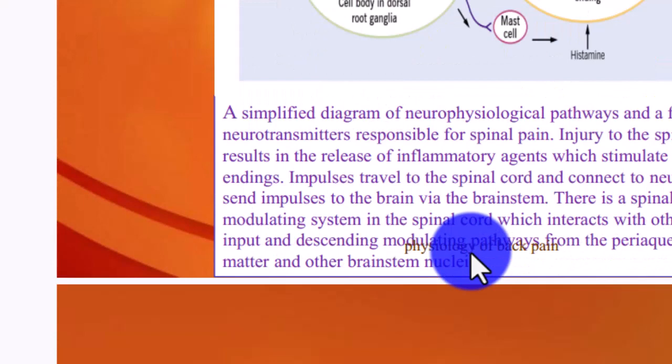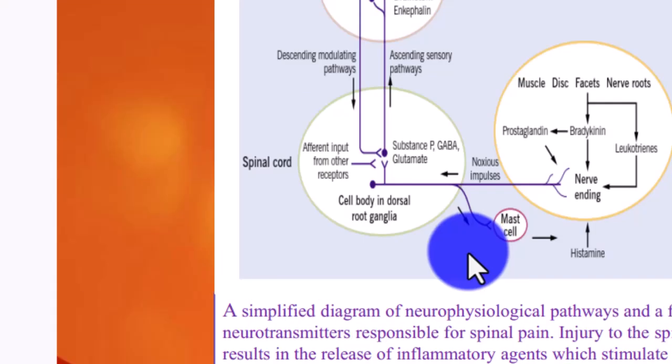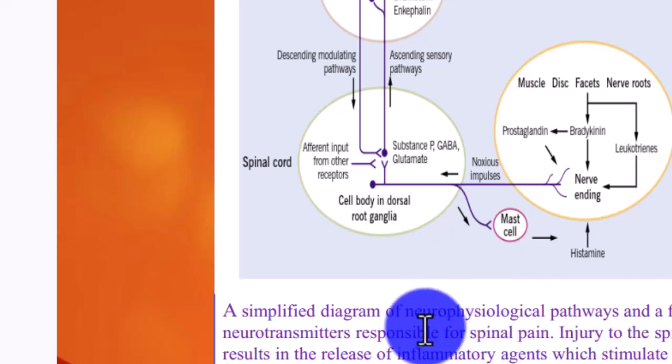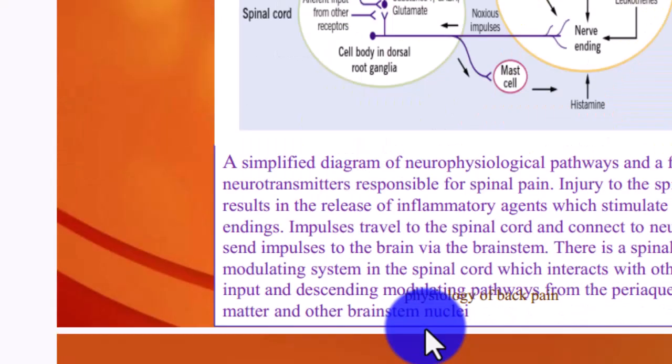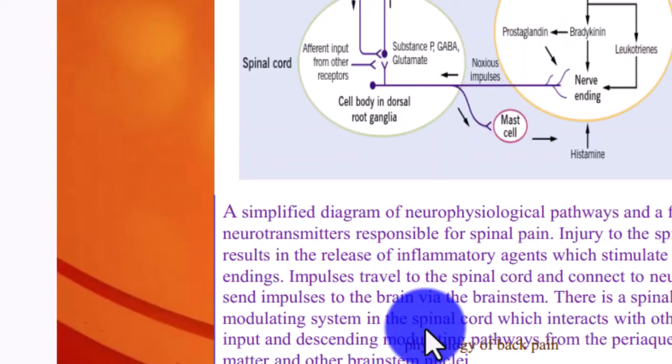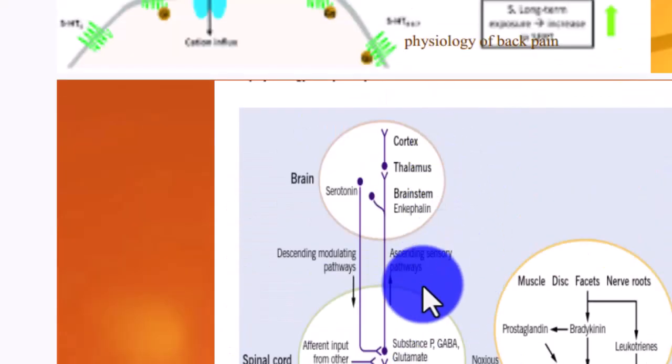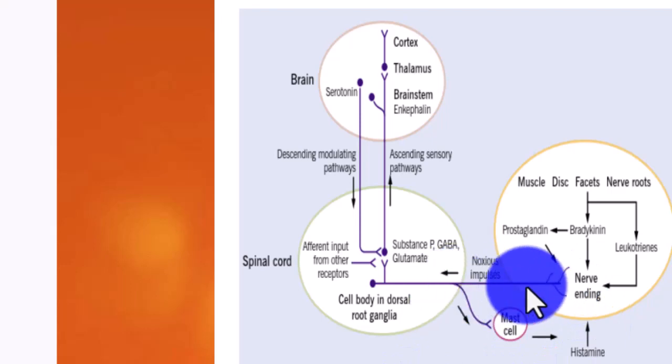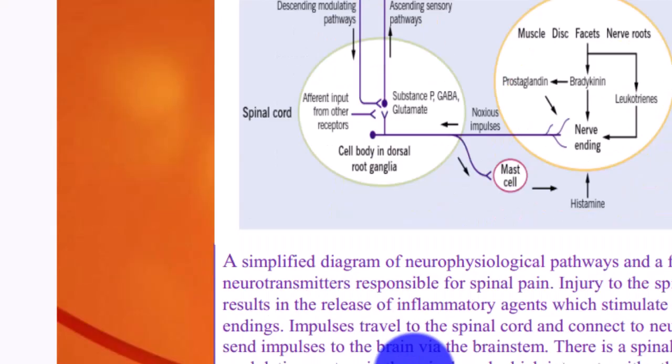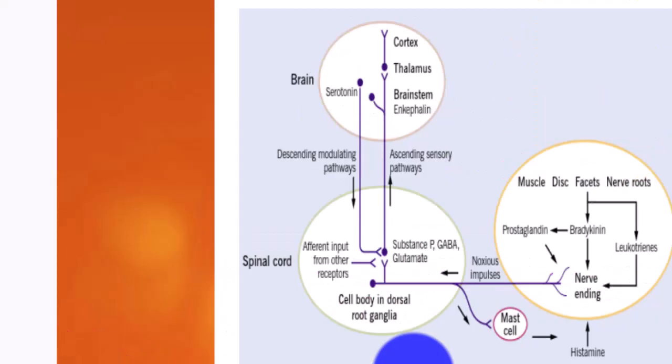And this diagram is simplified, as we mentioned before. This is a neurophysiological pathway, showing a few of the neurotransmitters responsible for spinal pain. Injury to the spinal tissue results in the release of inflammatory agents, which stimulate nerve endings, and impulses travel to the spinal cord and connect to the neuron, which sends impulses to the brain via the brain stem.